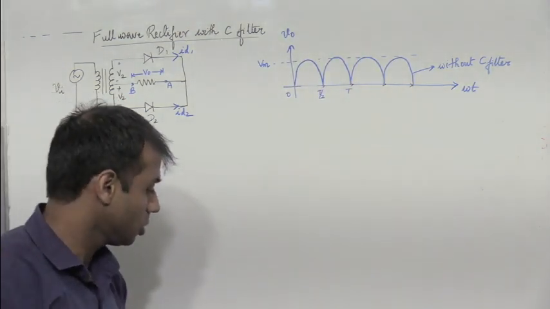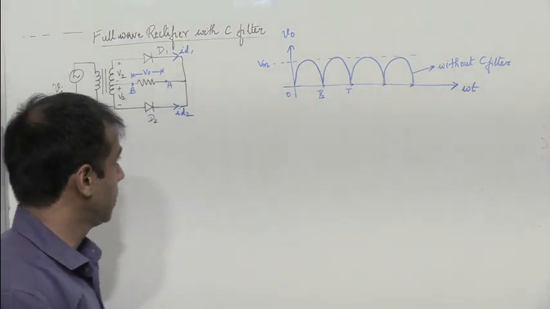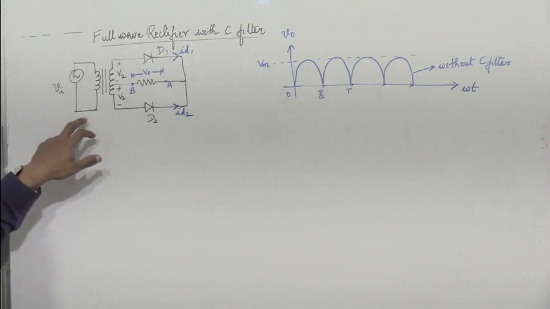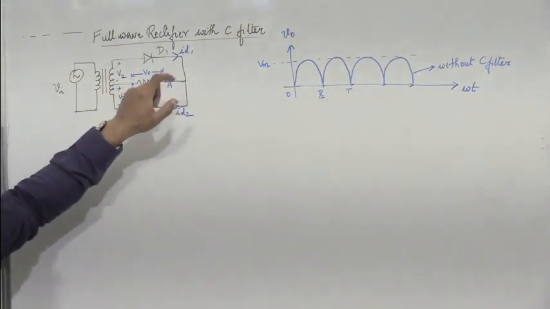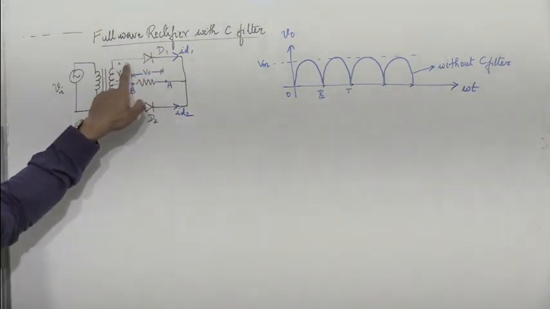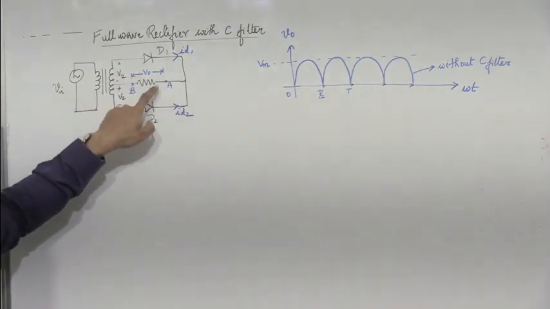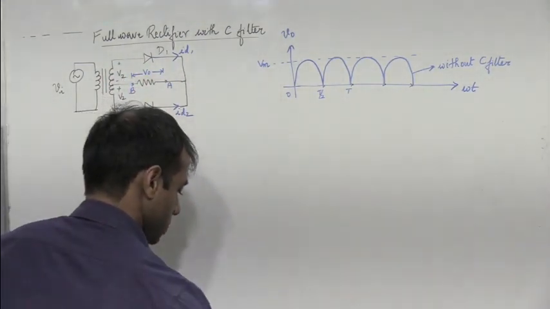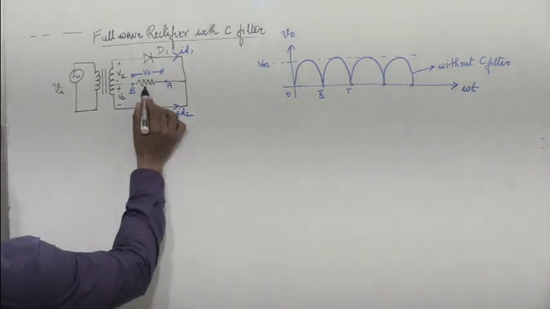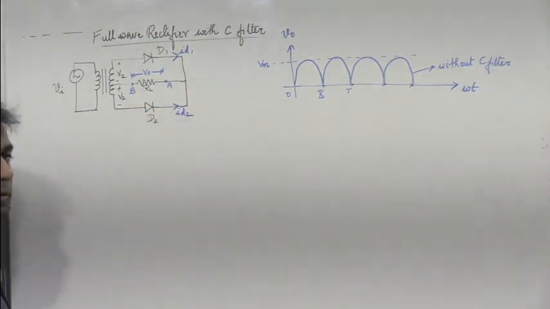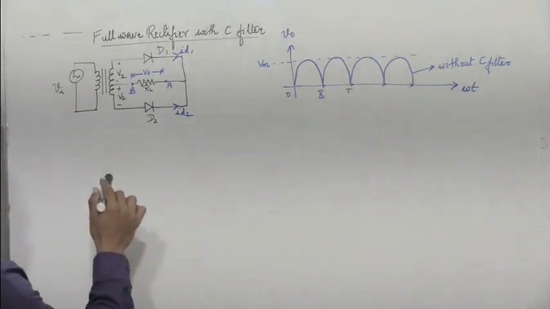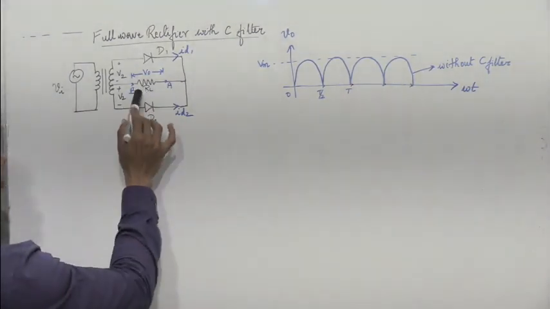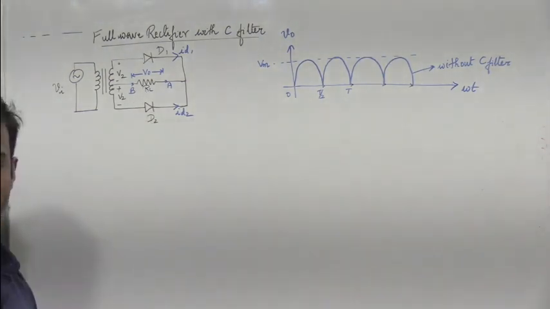Now this is the circuit of a full wave rectifier where you have diode D1 and D2. During the positive half cycle, we have already seen that diode D1 is forward biased and current flows through the load resistance RL from A to B. And then during the negative half cycle of the input, D2 is forward biased, so the current again flows from A to B, right?